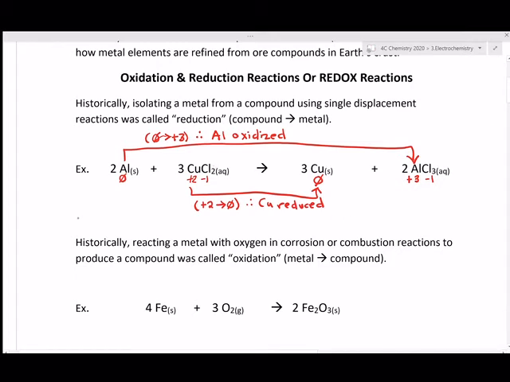So chlorine was a spectator. Okay, but as long as you have something oxidized and something reduced, this is definitely a redox reaction. And again, like I said before, you won't have one without the other because the electrons that are lost have to go somewhere.